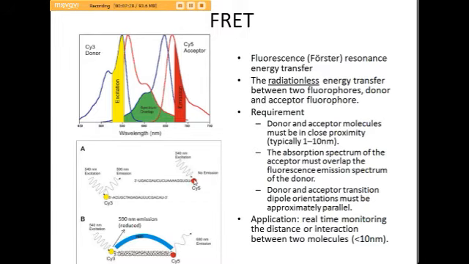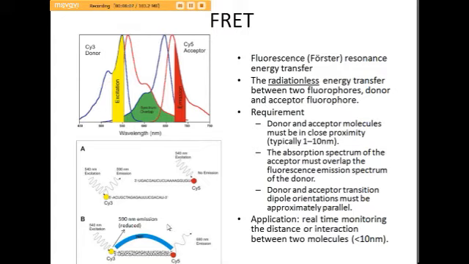However, if you look at Cy5's excitation curve at the 540 nanometer region, you can see its absorption is very weak. Since there is no absorption here, there will be no emission of 680 nanometer. So in this case, the emission is all contributed from Cy3.